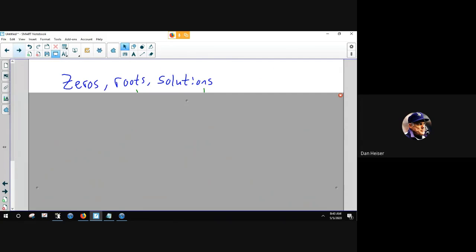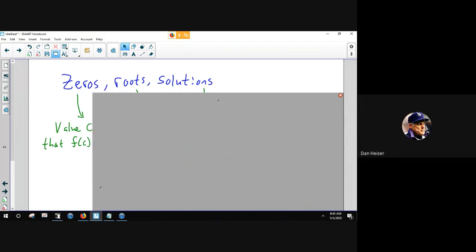Here's another little reminder, a little more showing the differences. Zeros, we are looking for some value c that gives us the value 0. So we're not solving an equation necessarily. We're simply plugging in some number that gives us the value 0.